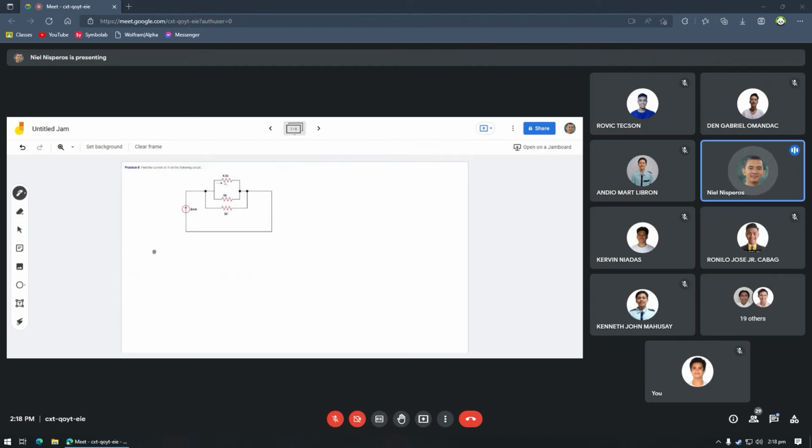So first we will find our total. Ang R total, 1 over RT is equal to 1 over 4.5 kilo ohms plus 1 over 9K plus 1 over 3K. Pila man nato ang R total?